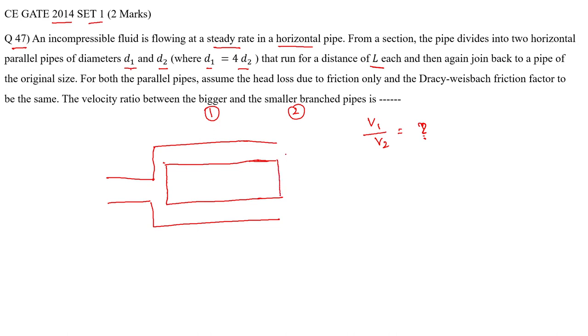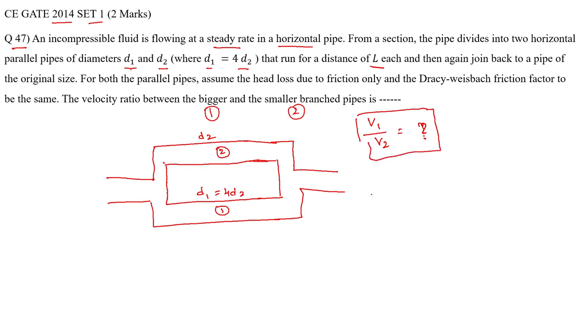Again, they joined back the pipe. Let's say this is one pipe, this is the second pipe, this is D2 and this is D1. They mentioned D1 equal to 4D2. Now their interest is to compute V1 by V2.